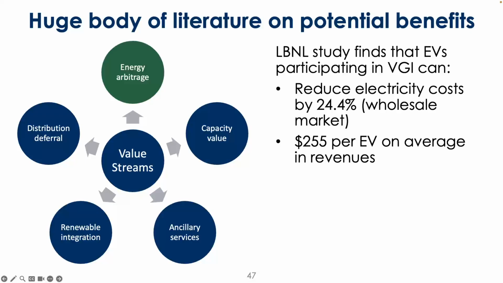On the research side, there's a whole bunch of work that's looked at all of these value streams. For energy arbitrage, there's a study out of Lawrence Berkeley National Lab. They looked at how participation can reduce electricity costs by 24%. They're saying EVs can make $250 a year on average in revenues just from energy arbitrage.